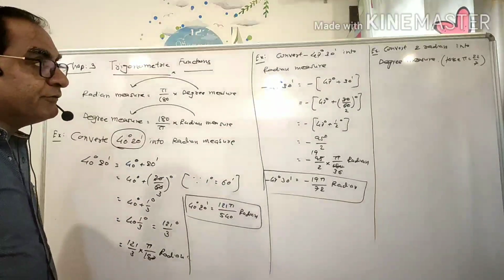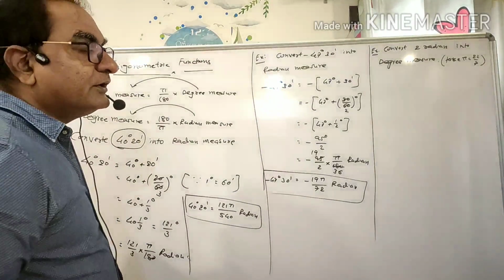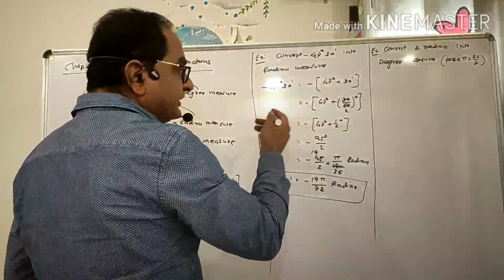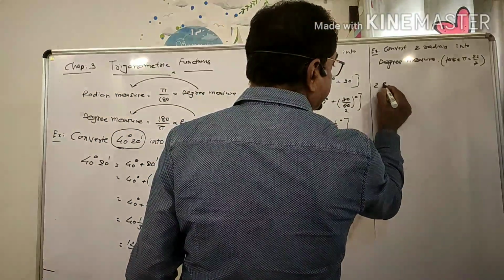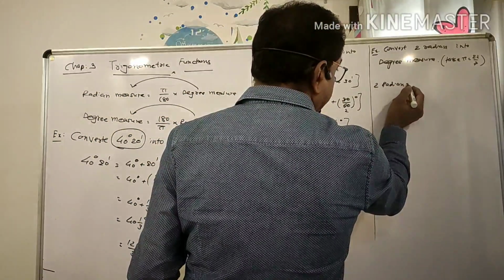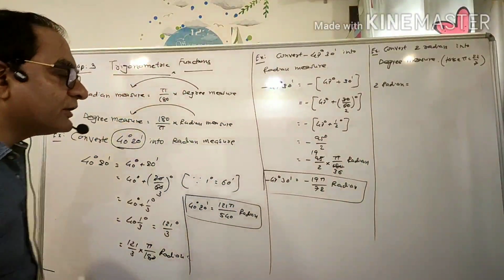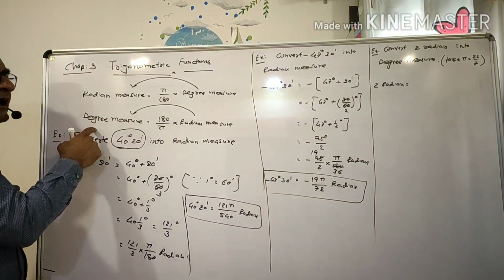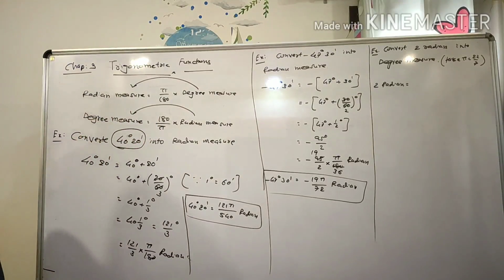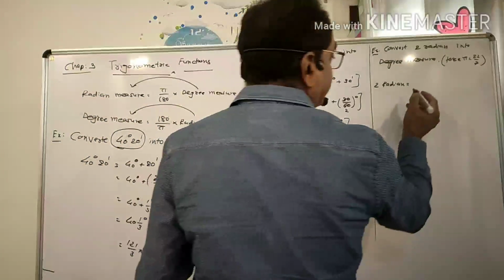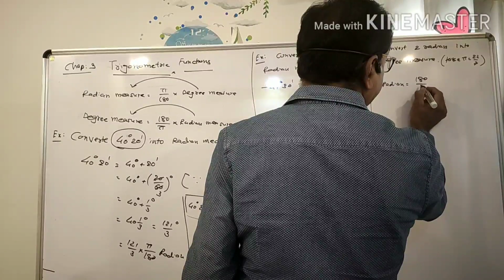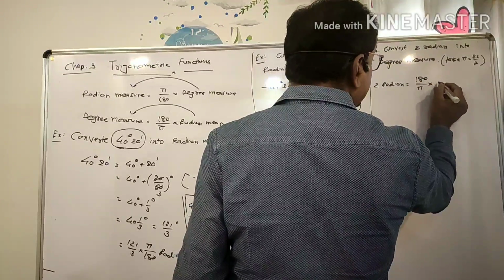Here we want to represent 2 radian in terms of degree. So here I can write 2 radian. Now we know that if I want to convert from radian to degree, then I must multiply by 180 by pi. So it will be 180 by pi into 2.